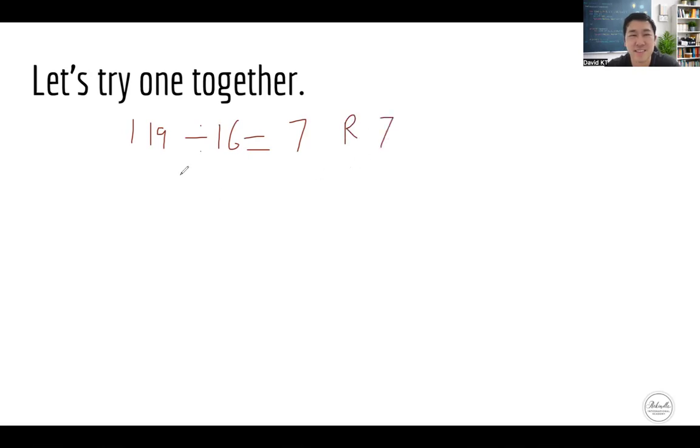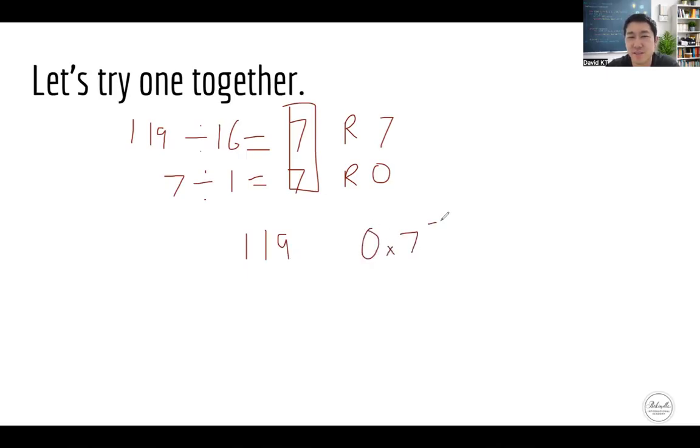Well, would you look at that? 7 divided by 16 gives you 0 with a remainder of 7. Looks like 119 is just 7 and 7 in hexadecimal, 0x77. So to make sure I'm not wrong, I'm going to use my calculator real quick. Okay, so it's correct.